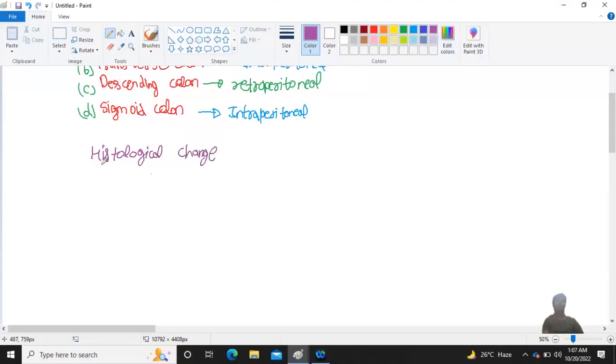We know that in the whole GIT there is a sequence of layers: serosa, muscularis externa, submucosa and mucosa. Muscularis externa has two layers: outer longitudinal and inner circular. There is a slight difference here in the whole large intestine, not only in the colon but also in the cecum.